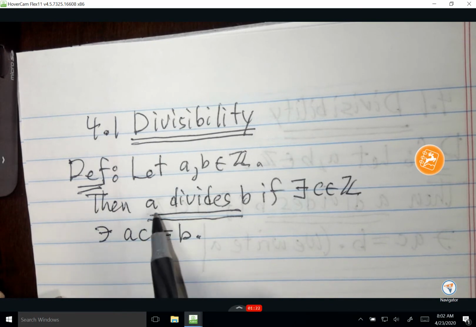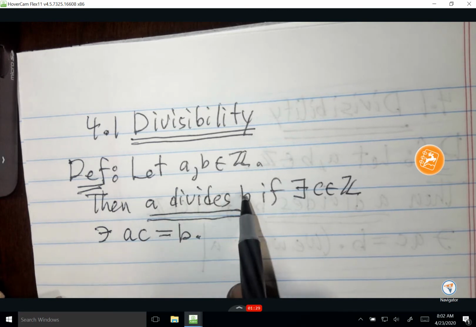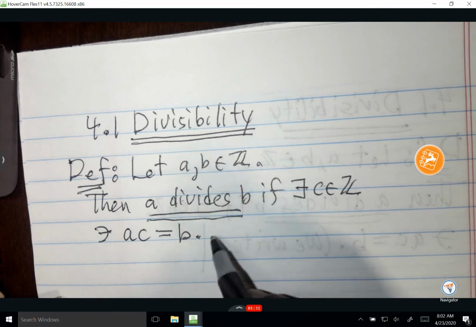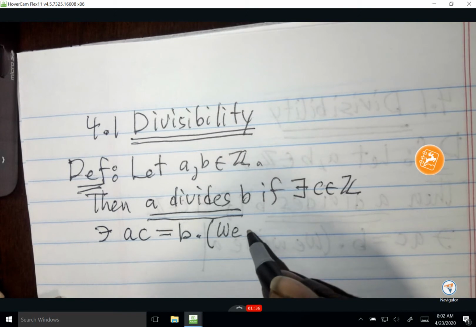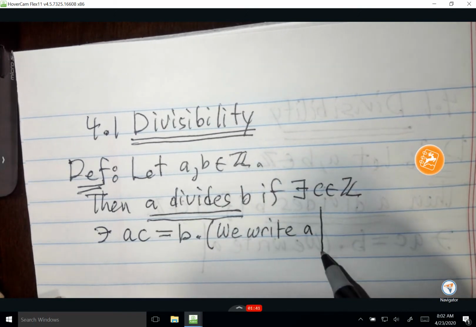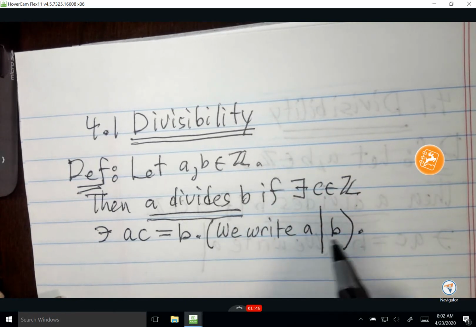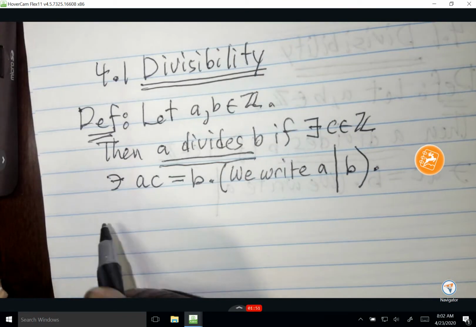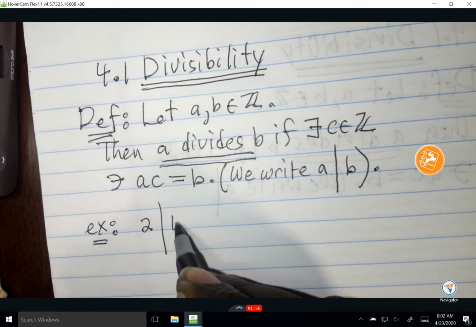Now when this happens, instead of writing A divides B over and over, we make a symbol up for it. Okay? So when some integer A divides some other integer B, we write an A with a straight up and down line and then a B. So that symbol communicates A divides B. For example, 2 divides 10.